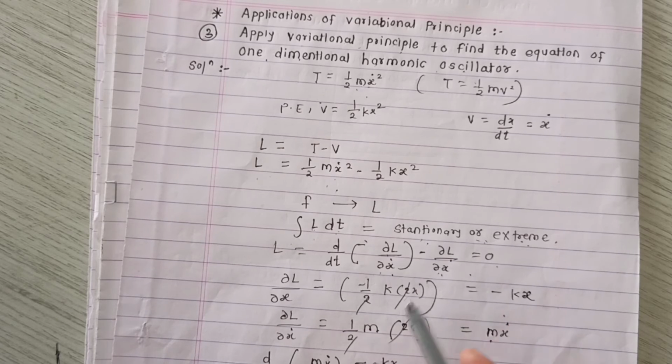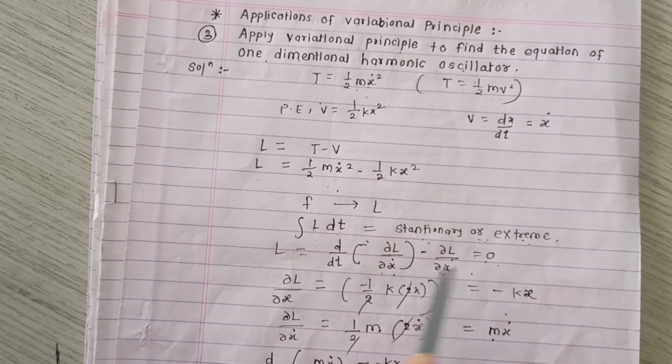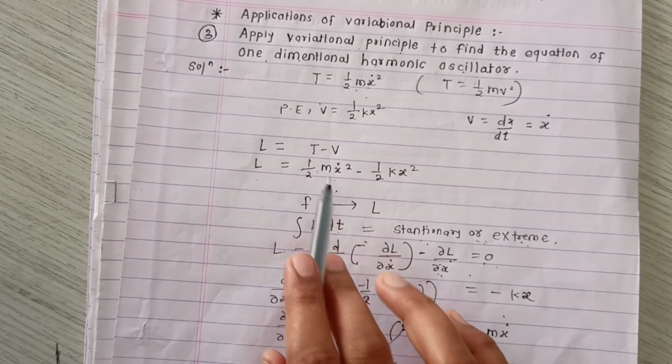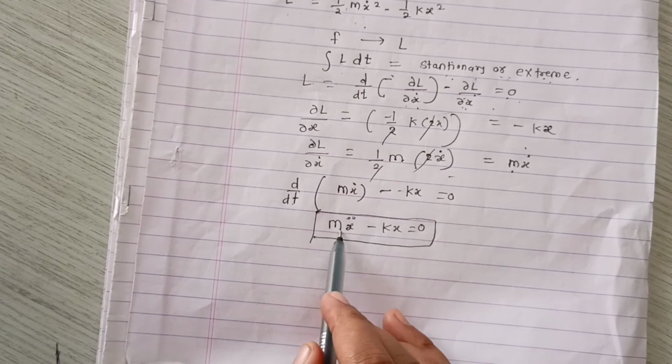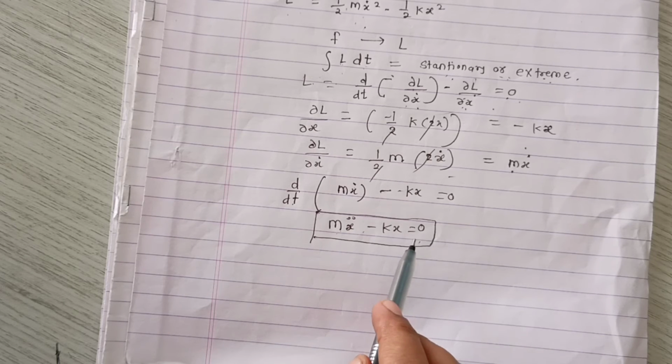We took the derivative of the Lagrangian with respect to x dot and x, substituted these terms, and finally we got the equation of motion of the one-dimensional simple harmonic oscillator. So this is the third application of the variational principle.